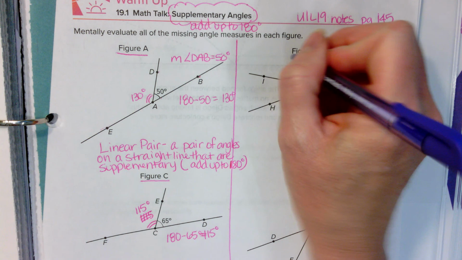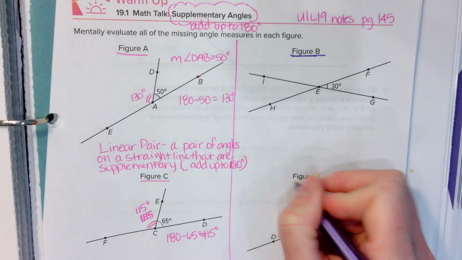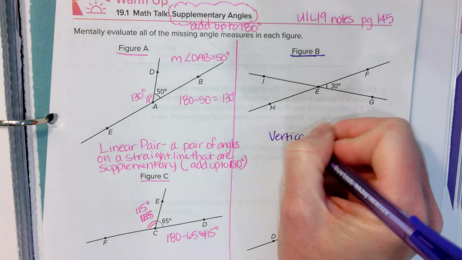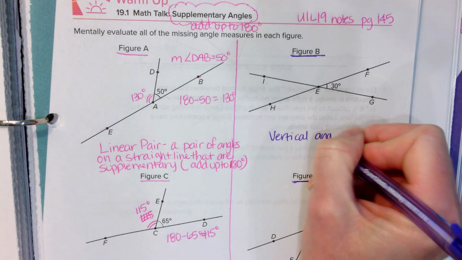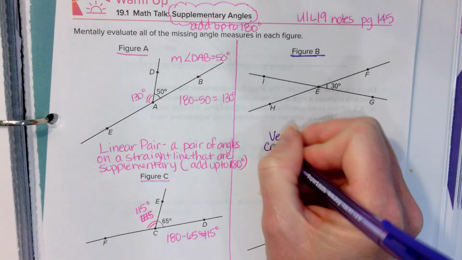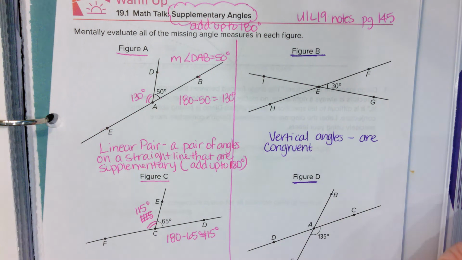These are vertical angles. Vertical angles are congruent. Remember, congruent means that they have the same measure, they're equal in measure.